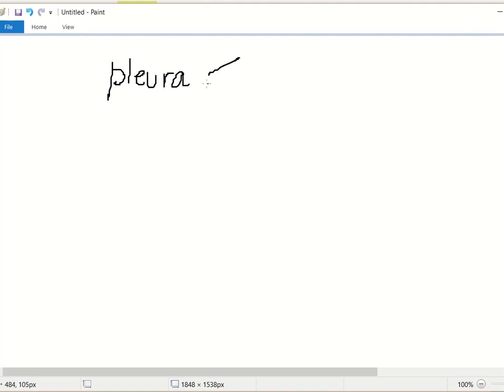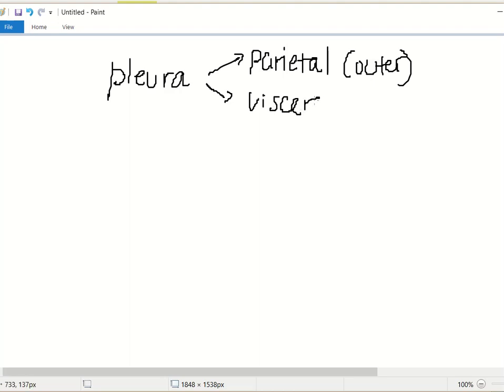Very similar to the layers we talked about for the heart, you're going to have a parietal layer, so that's your outer layer. This one is going to be sticking to all the surrounding organs around your lungs. And then the visceral layer, which is the one that's actually going to be sticking to your lungs.